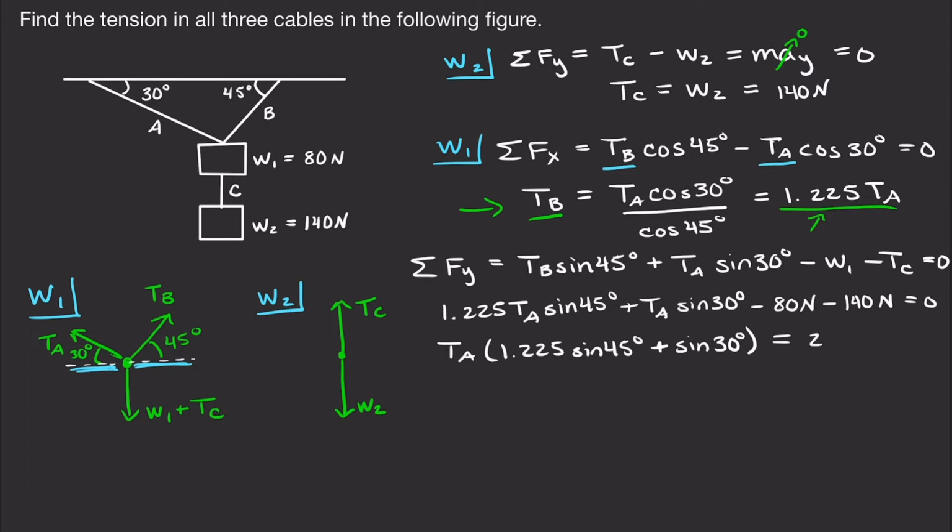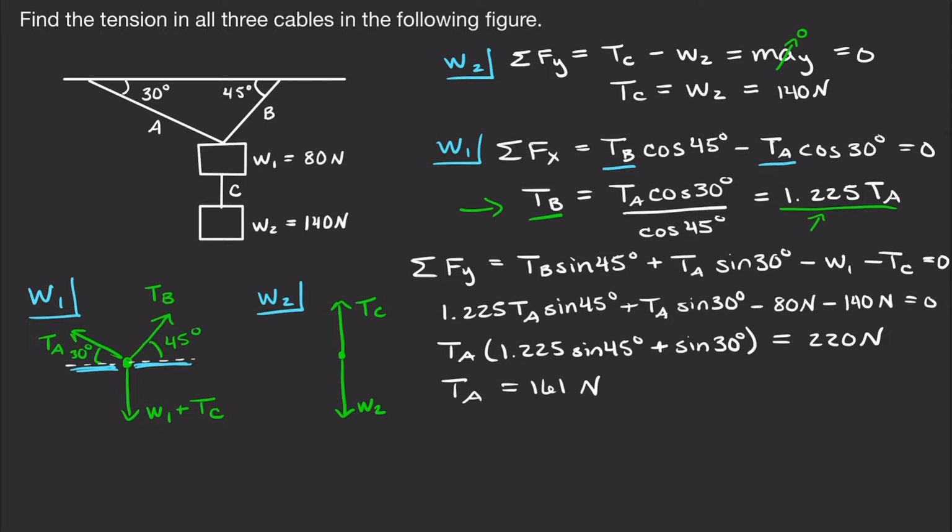That will give me 220 newtons on the other side. Now all of this is just a number, so I just need to divide by it on both sides, and that will give me TA. If I punch it in my calculator, I will get 161 newtons.